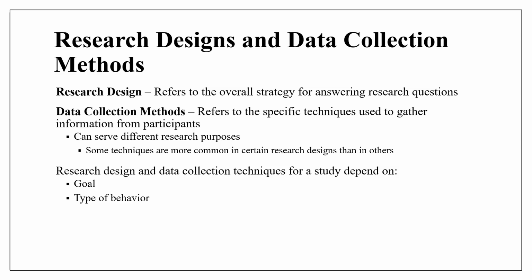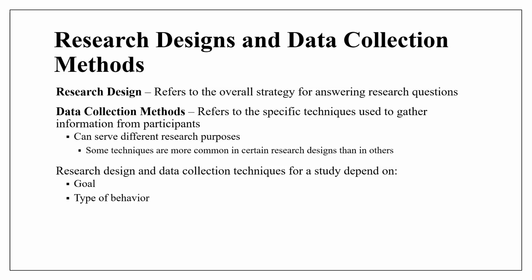Now, what research design and data collection technique you decide to use for a study is going to depend on the goal of the research question. So again, whether you're trying to describe, predict, or explain human behavior, and then the specific type of behavior that you're interested in.